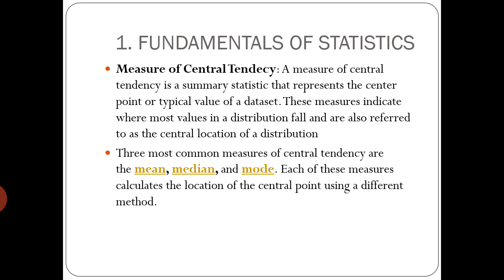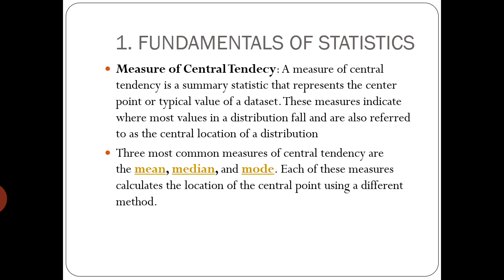A measure of central tendency is a summary statistic that represents the center point or typical value of a data set. These measures indicate where most values in a distribution fall and are also referred to as the central location of a distribution.